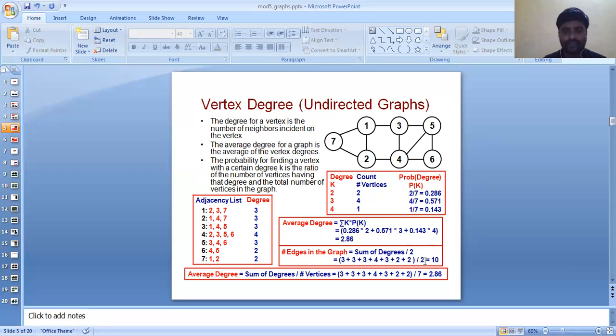So we can get the vertex degree by using the average degree and edges in the graph. Totally we can count using the k value and P of k value. The average degree equals the sum of degrees divided by vertices, that is 2.86. We already calculated the average degree, but by using the vertices we can find the same value of average degree, 2.86.